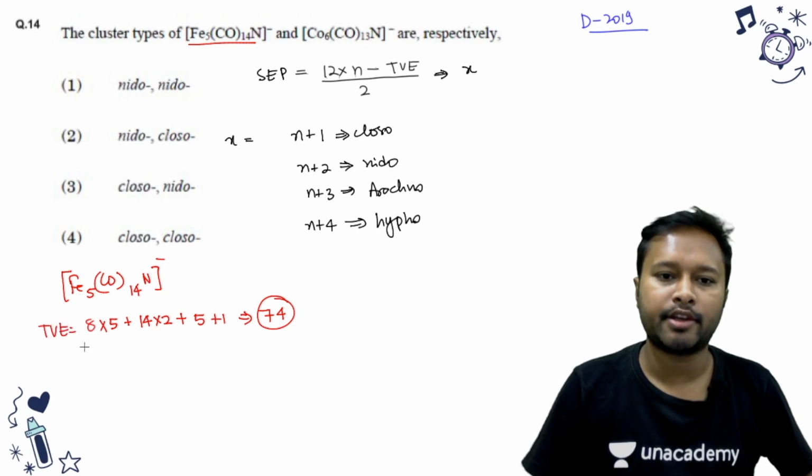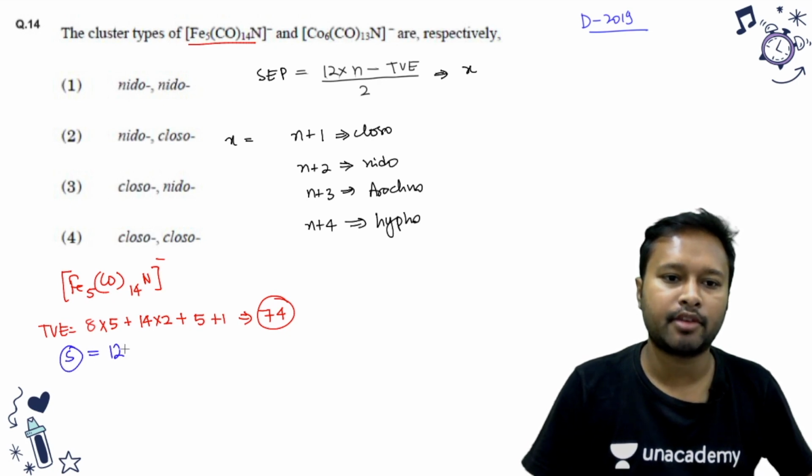Now the next thing is to calculate the skeletal electron pair. Or basically you can do it this way, because that is going to give you a bigger number: total valence electrons minus 12n, divided by 2.